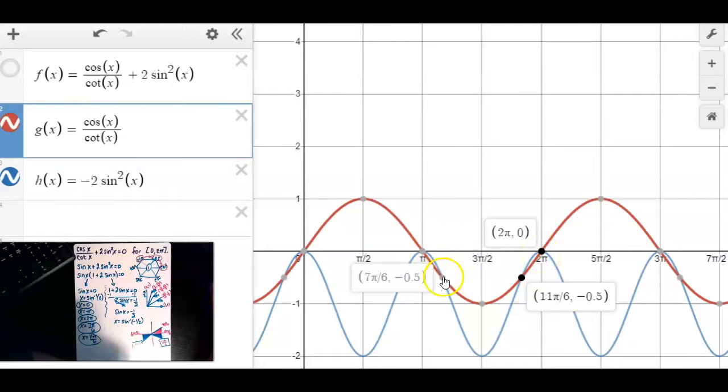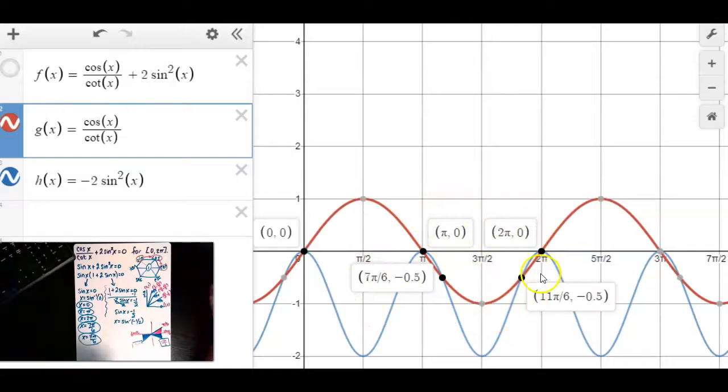So here are the 5 points of intersection between the left side of the equation and the right side of the equation. And there they are at 0, 7 pi over 6, pi, 11 pi over 6, and 2 pi.